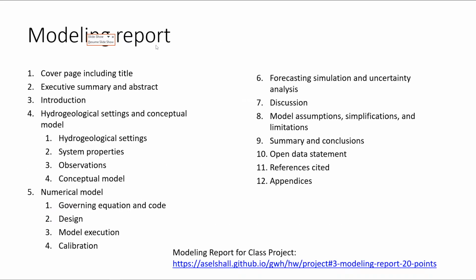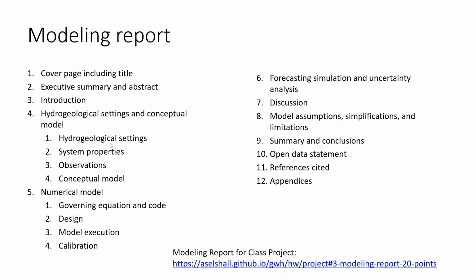Typically, your model report will include something like this. It will include a cover page with the project title and so on, an executive summary or abstract, an introduction, then the hydrological setting and the conceptual model: what is the recharge, what are the rivers or ponds in the area, what are the geology and the hydrogeology of the area, rainfall, land use, and land cover.